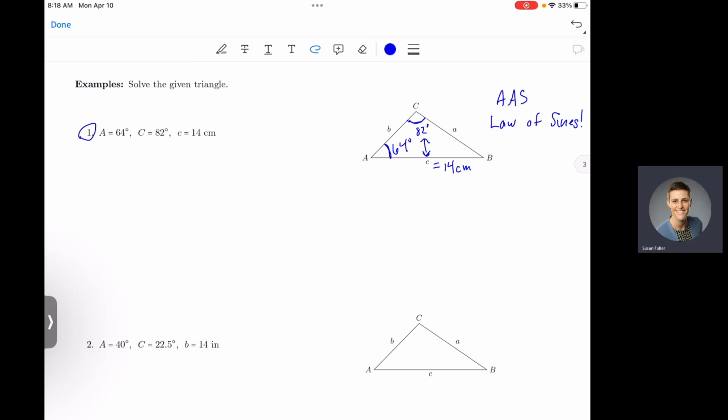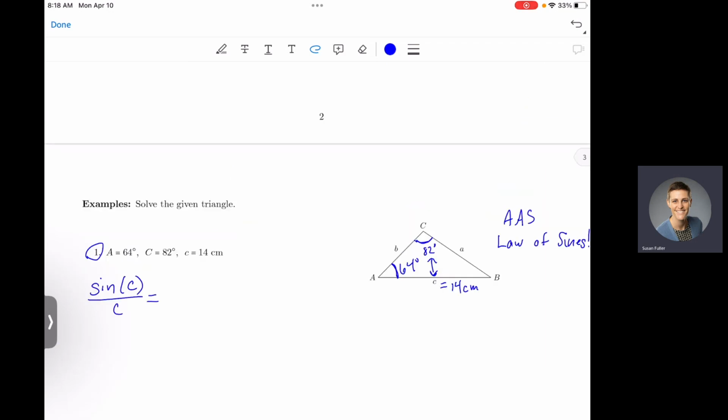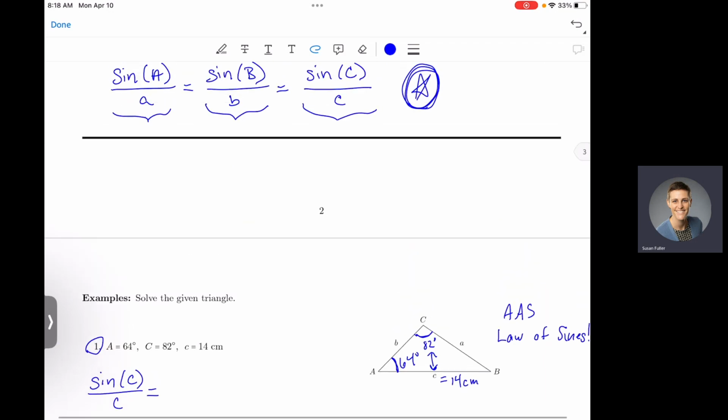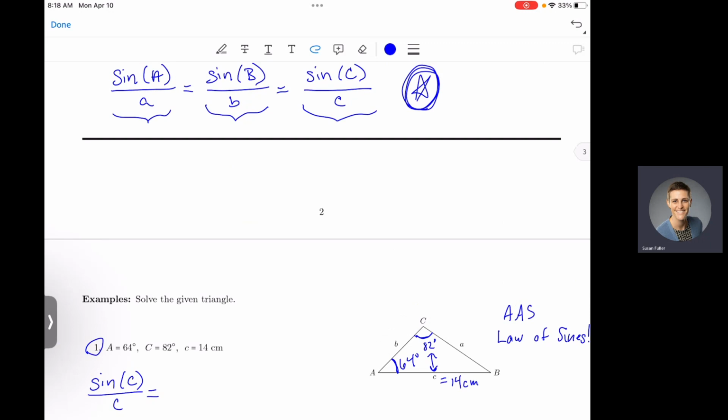And so to solve this triangle with the law of sines, we're going to start with the complete ratio. We have angle C and the side opposite it. So we're definitely going to use this ratio because that's the completed one. Then we're going to set this equal to one of the other pieces of the law of sines. Which one we use depends on what we're given.